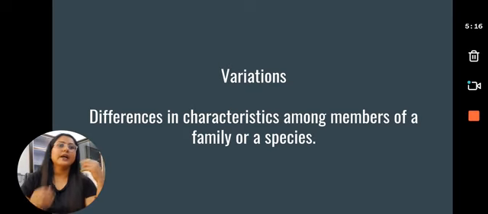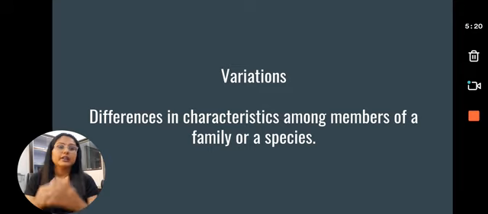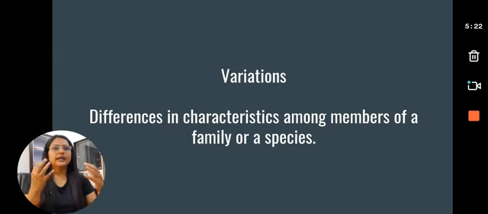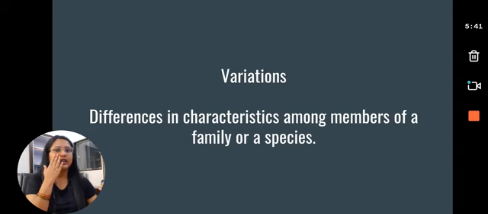To answer that question, during sexual reproduction certain errors occur while DNA replication happens during the formation of the male and female gametes. During the replication of DNA, there occur some errors and inaccuracies in the replication.